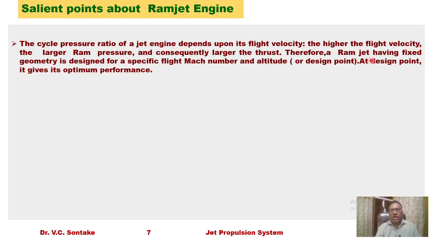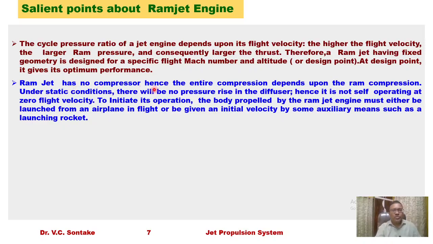So therefore, a ramjet having fixed geometry is designed for a specific flight Mach number and altitude. These two parameters are called as design point for the ramjet. So if a ramjet is operated at design point, it gives its optimum performance. That is optimum flight Mach number and optimum altitude.